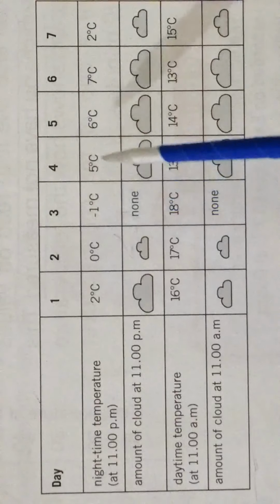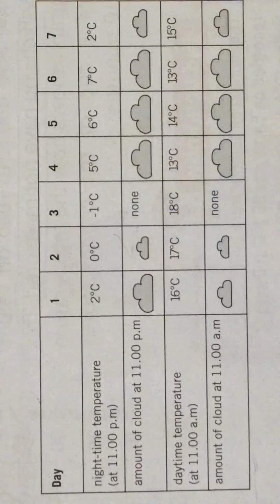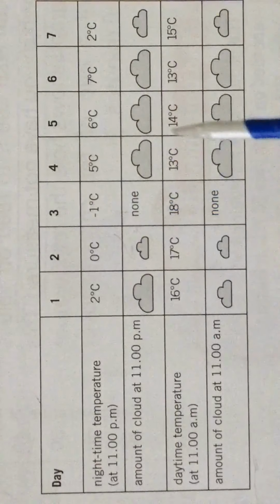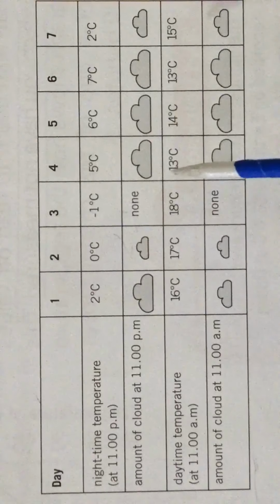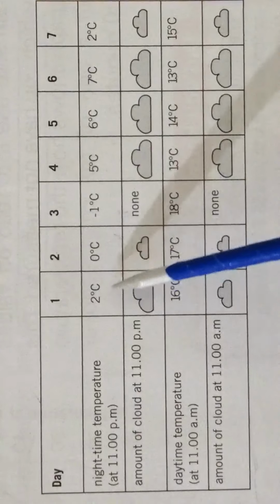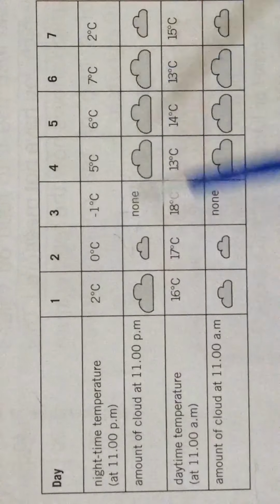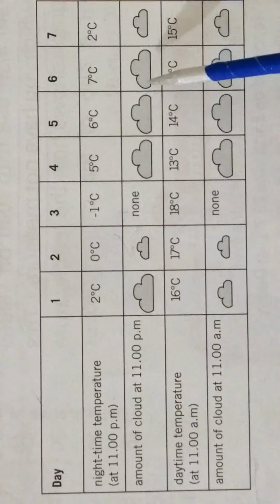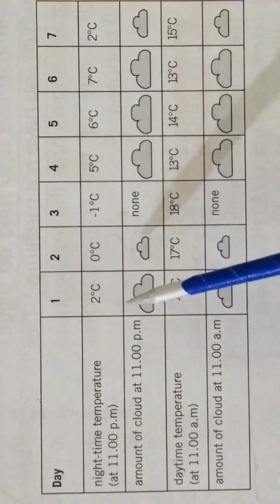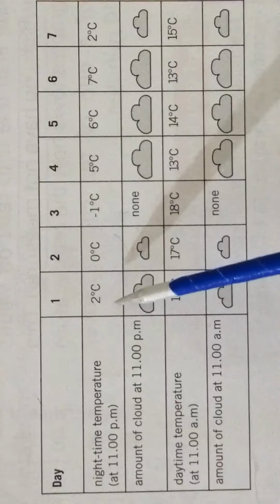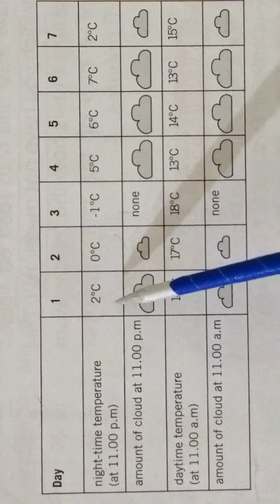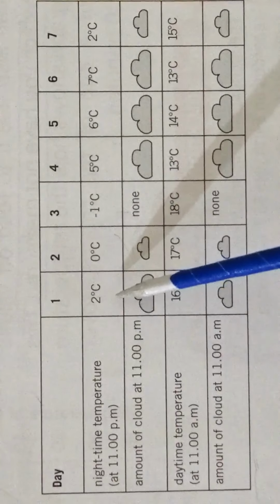Now the next question, that is C part, is describe the relationship between the amount of cloud and the nighttime temperature. As we can see here, nighttime temperature in front of you and amount of cloud as well. So what is this relationship about? For example, at day 1st, the temperature was 2 degrees Celsius.